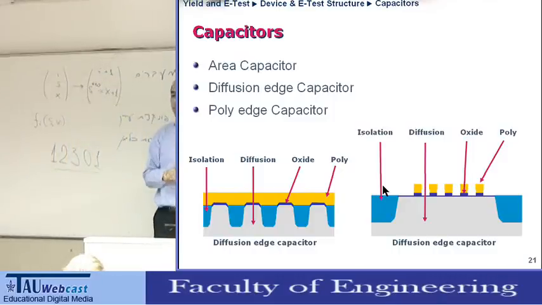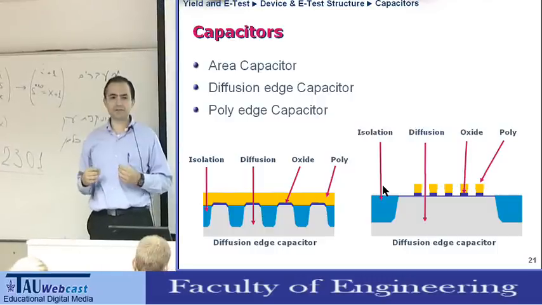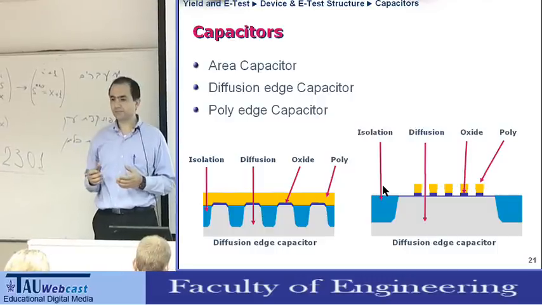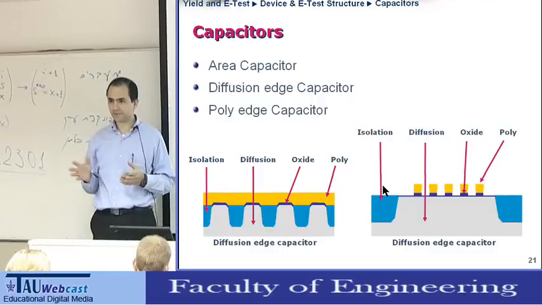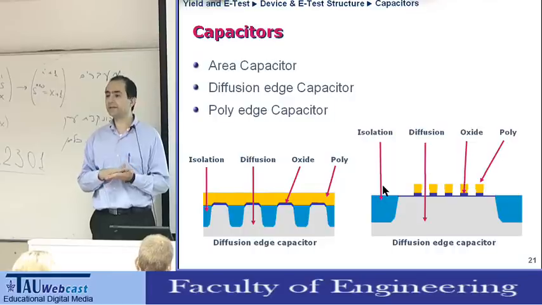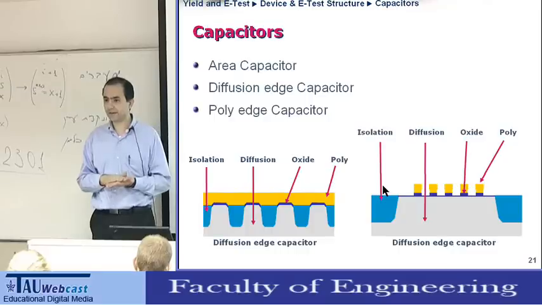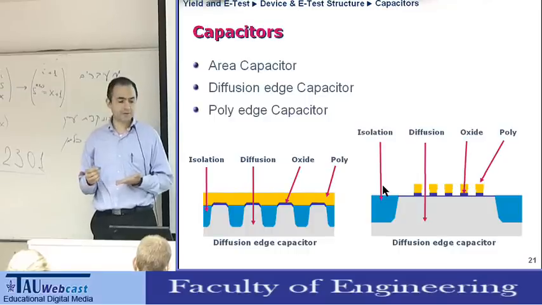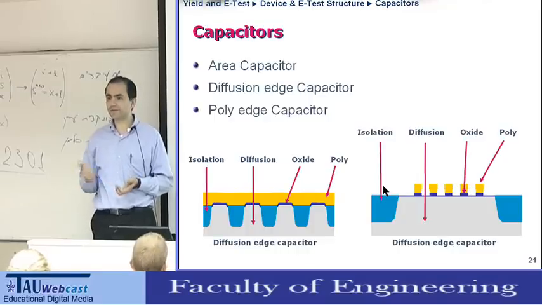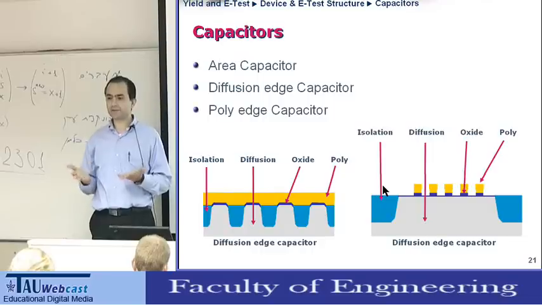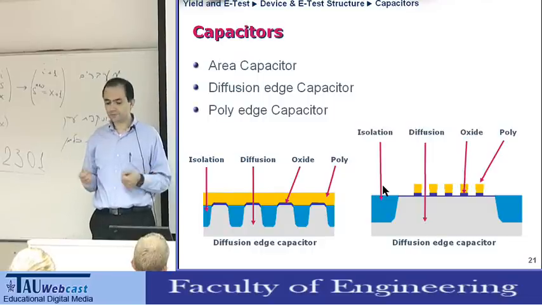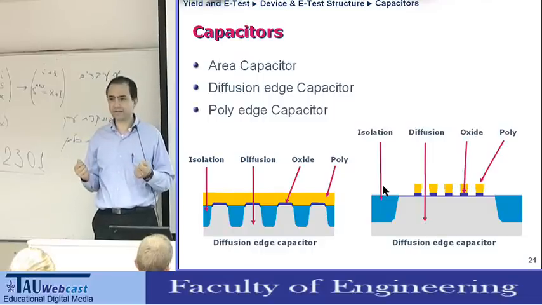Now, the most important capacitor in the process, except for DRAM processes, is the gate capacitance, the capacitance of the transistor itself. Now, the transistor itself, we're interested in several things. First, the capacitance of the area itself to characterize the oxide.